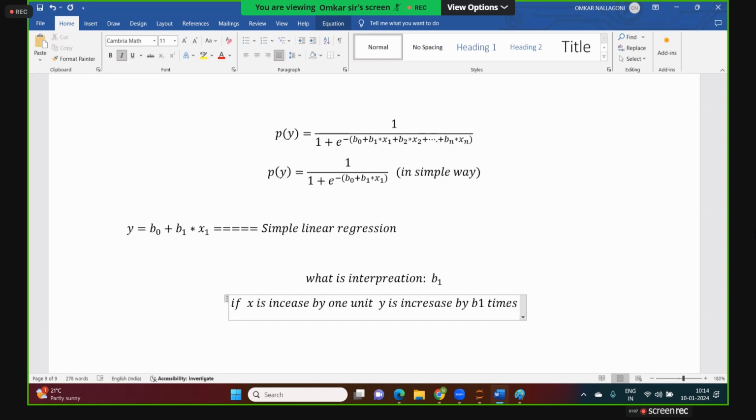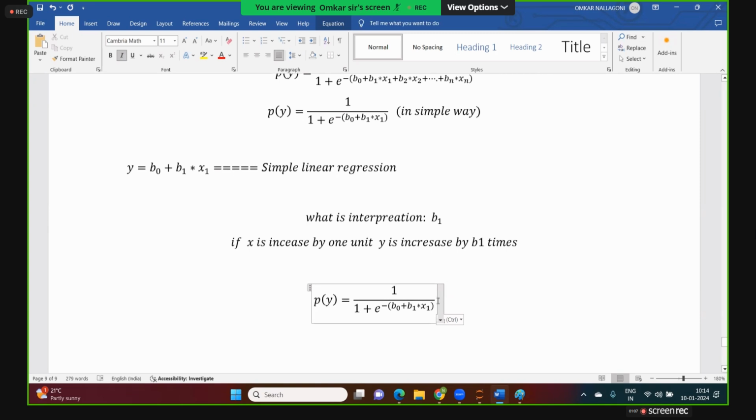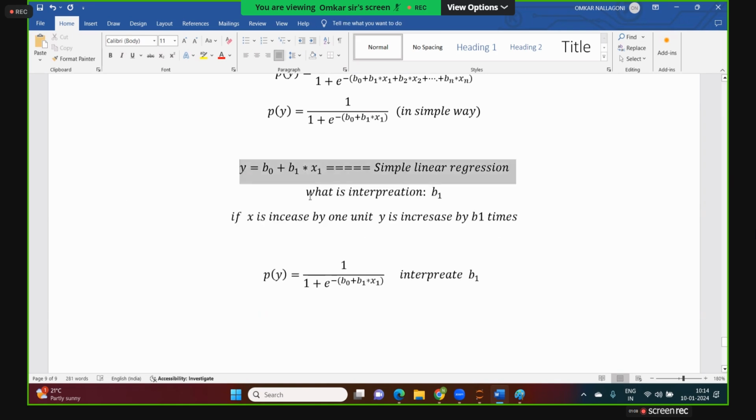Understood? Now tell me the interpretation of this equation. How can you interpret beta 1 here? You are able to interpret this equation using this. Okay, this you are able to do.